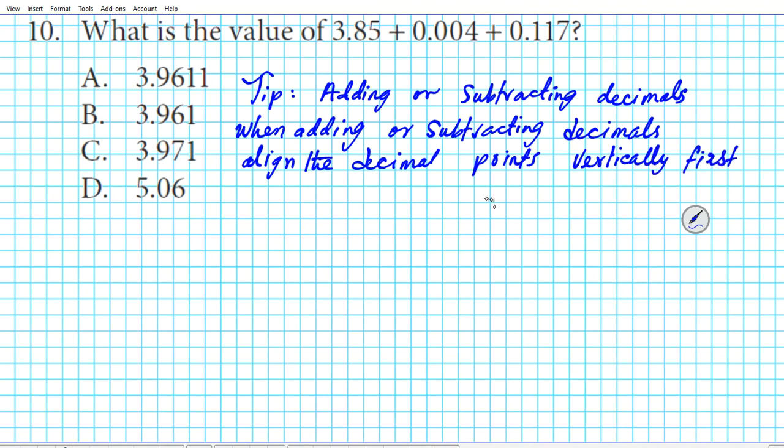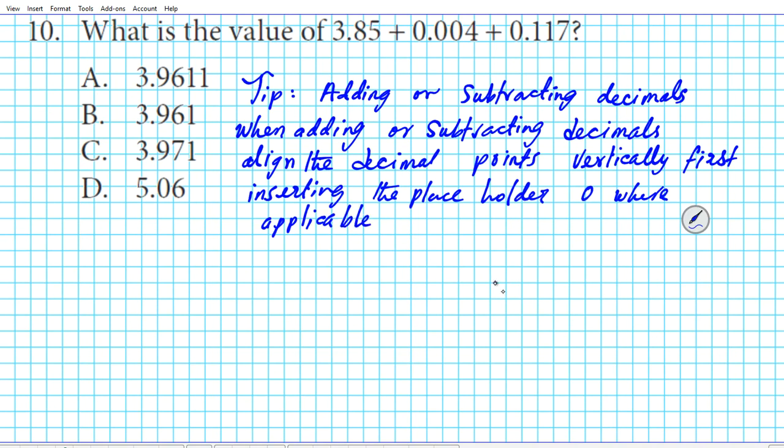Okay? You align the decimal points vertically first, inserting the placeholder 0 where applicable. Okay, so sometimes you have to put in a 0 just to make sure that everything looks good, and then you go ahead and add or subtract. Okay, you normally append a 0 either to the far right or to the far left. Okay, you don't insert a 0 in between the digits.